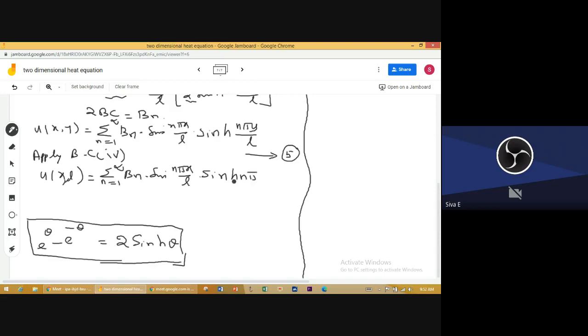In case it is sin n pi, then it is 0, but sinh n pi is not equal to 0. So we can write Bn sinh n pi as some Bn value.